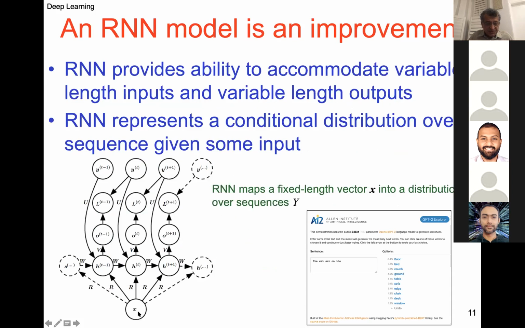So this again shows the kind of diagram we've been seeing, where X consists of some input, and it's being processed at time t minus 1, time t plus 1, etc. Each of these inputs goes into the hidden layer, and the hidden layer goes to the output.